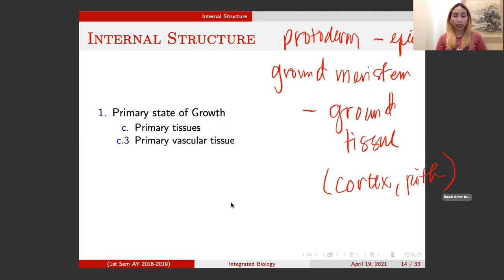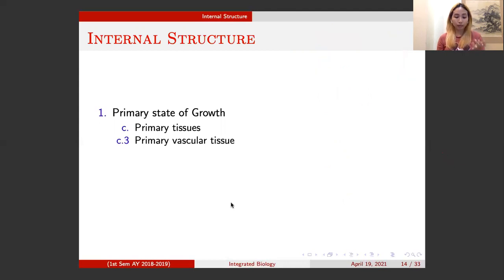In some plants, mostly in dicot plants, right? In monocot plants, we just call them the ground tissue. So dahil nabigyan na natin yung derivative ng dalawang primary meristems, now we're down to the last, and this is the primary vascular tissues. Okay, so the primary vascular tissues are your primary xylem and your primary phloem.